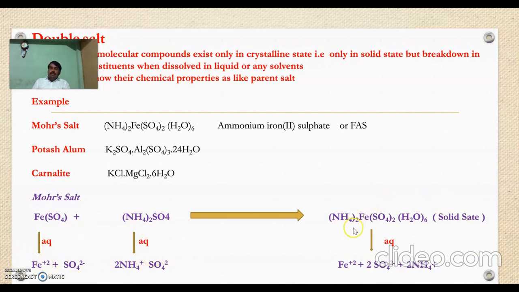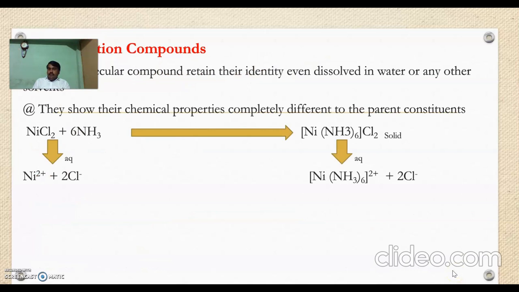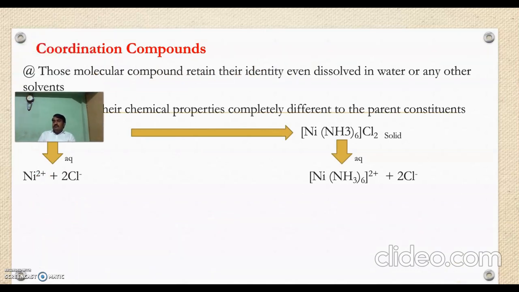This compound also shows the positive test for each and every ion present in the parent compounds. Then this type of compound is called a double salt. Then next we will see what is meant by coordination compound.